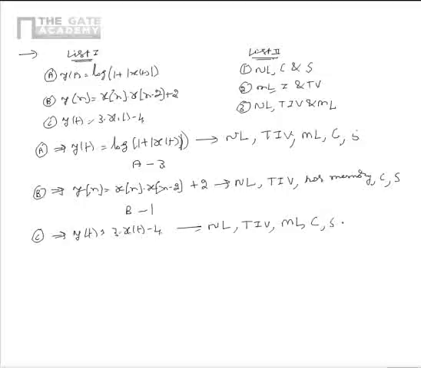And finally we see that in this case the system is invertible, as from the output at any instant the input can be recovered using the inverse system x of t is equal to y of t plus 4 divided by 3. So using the inverse system, we can recover the input back.